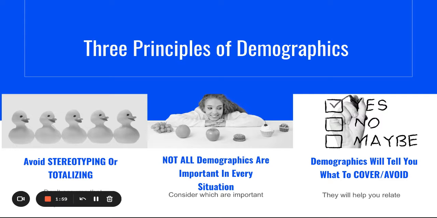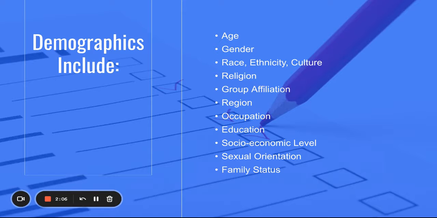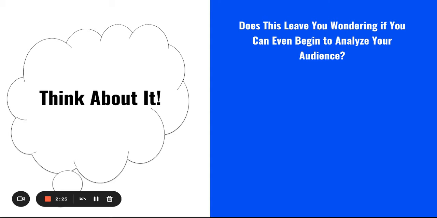Demographics will tell you what to cover and what to avoid, and so they will help you to best relate to your audience. So, what is included when looking at demographics? Age, gender, race, ethnicity, and culture, religion, group affiliation, region, occupation, education, socioeconomic level, sexual orientation, and family status all are included under basic demographics.